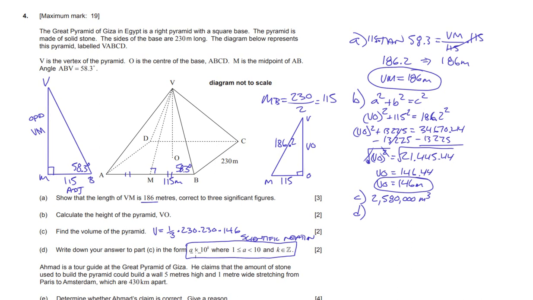The key in there is you see 10 to some number, and you're like, oh, that's just scientific notation. And this is just saying that your A has to be between 1 and 10. Basically, it's got to be a single digit before the decimal that's not 0, and this K here has to be some kind of integer, like 1, 2, 3, 4, 5, 6, -1, -2, -3.